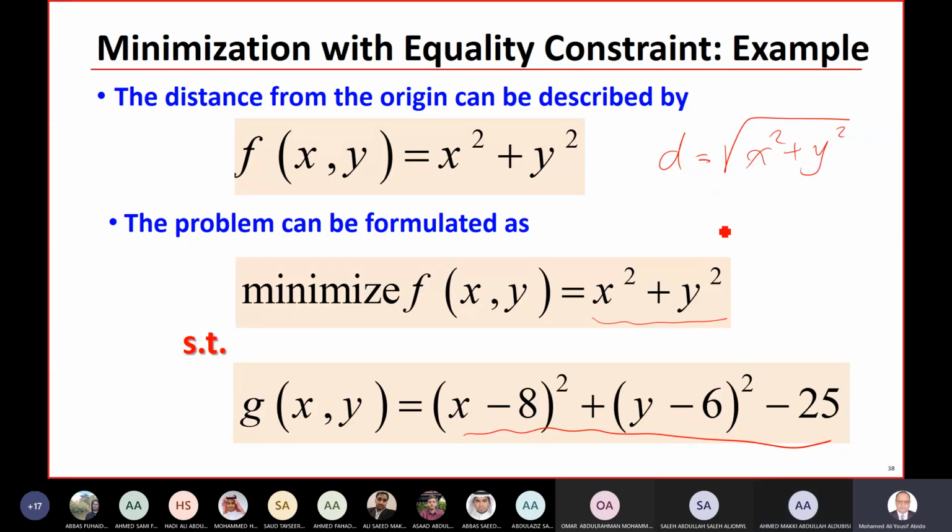Let me ask you, if we consider the square root, does it affect the result?